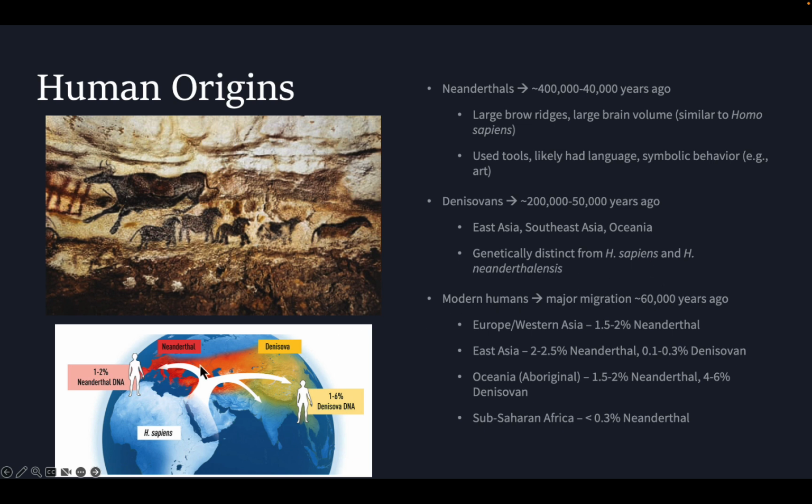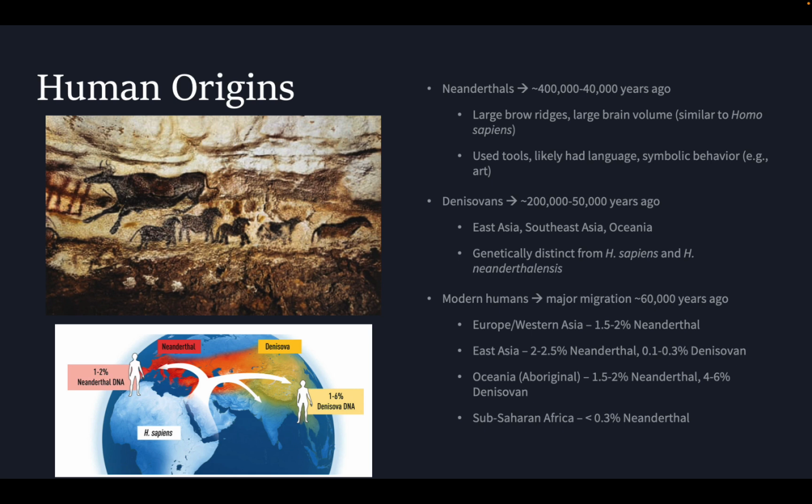What we can see here is where we have found more of these fossils. The Neanderthals are mostly in the Middle East, up through Europe, and the Denisovans are more over here towards Asia. Modern humans were, for the most part, living in Africa, and all of these humans evolved in Africa.